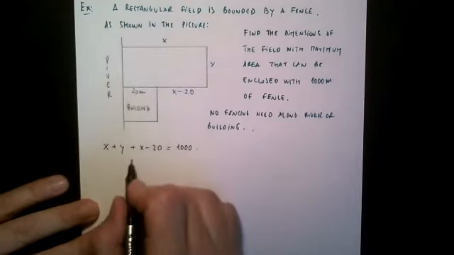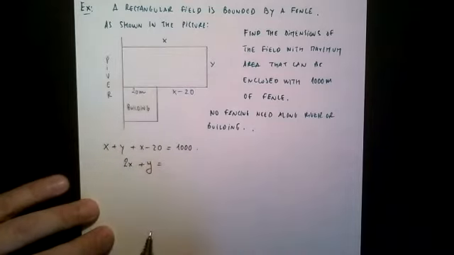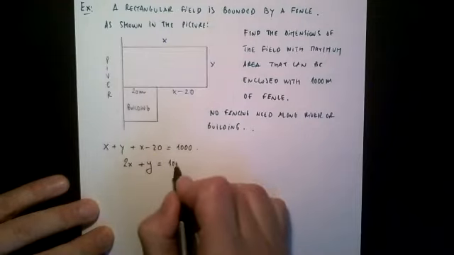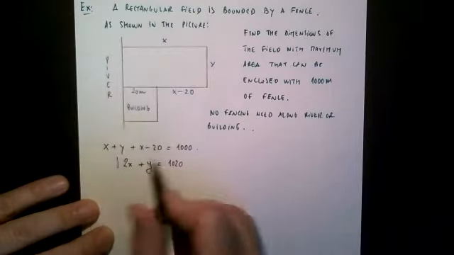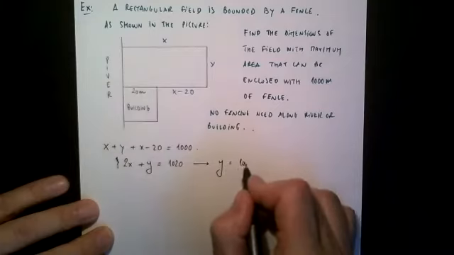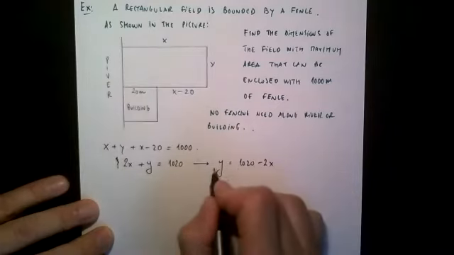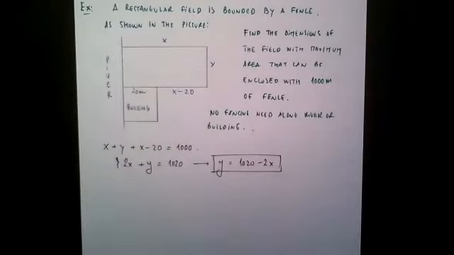This means that 2X plus Y is equal to 1,020. Or if you prefer, Y is equal to 1,020 minus 2X, and this is a first relation that I have. Any questions?